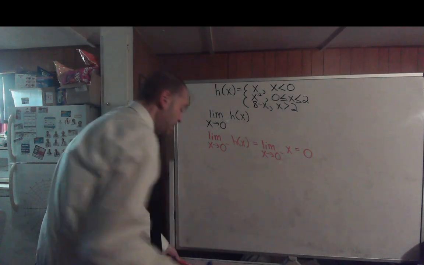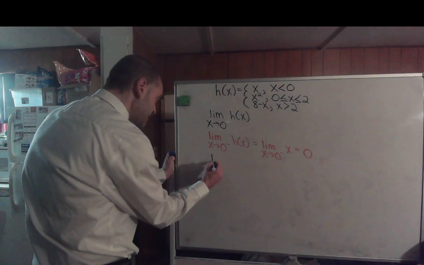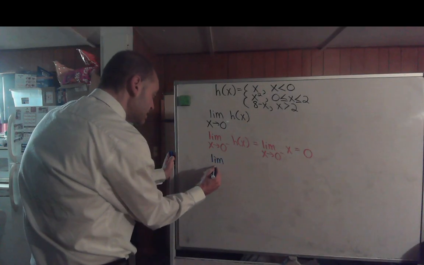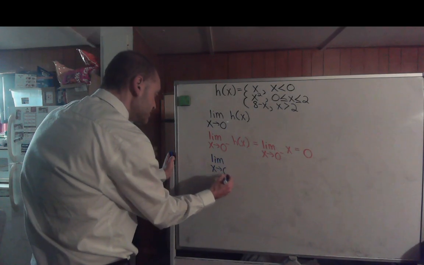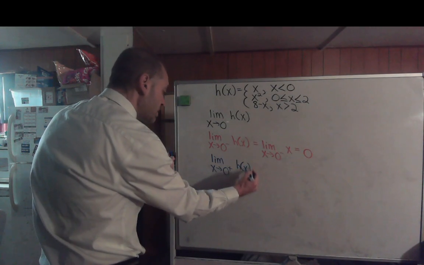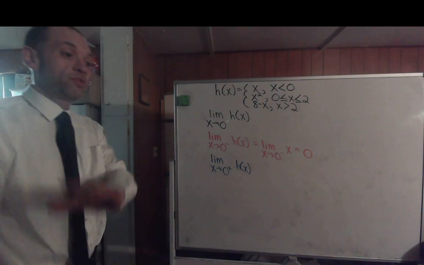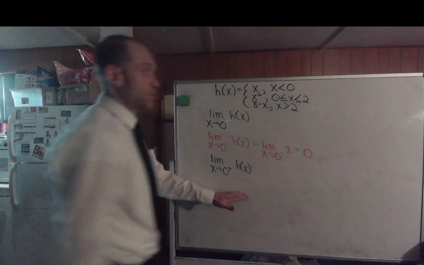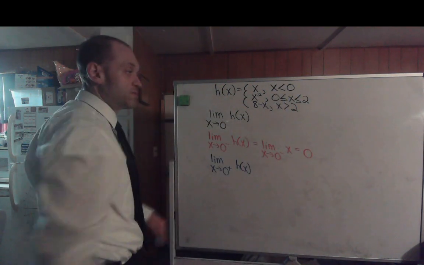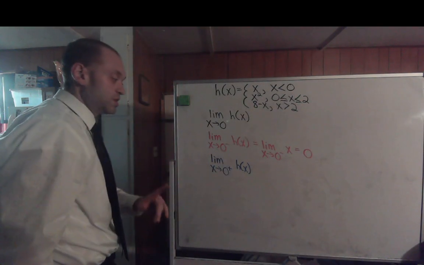Now we also have to consider the right-handed limit. So let's take the right-handed limit as x approaches 0 of h of x. Well, okay, if we're approaching 0 from the right, that means x is greater than 0, which is going to fall in between 0 less than or equal to x less than or equal to 2.